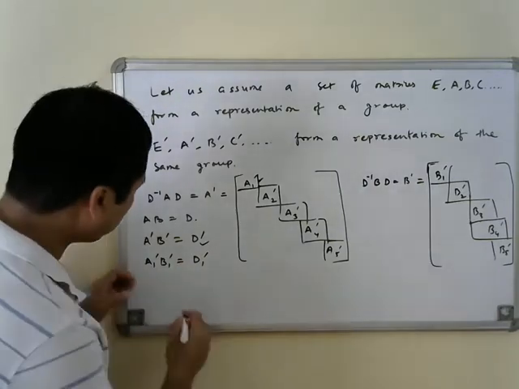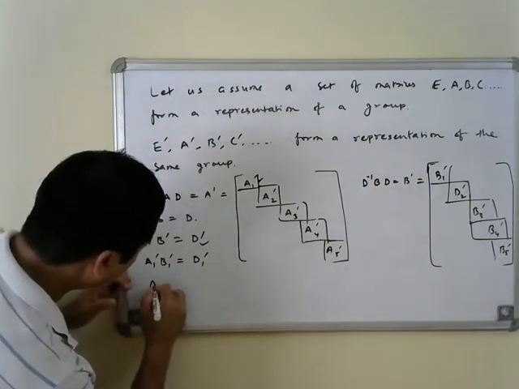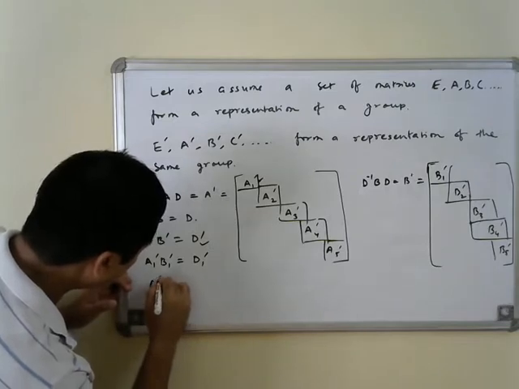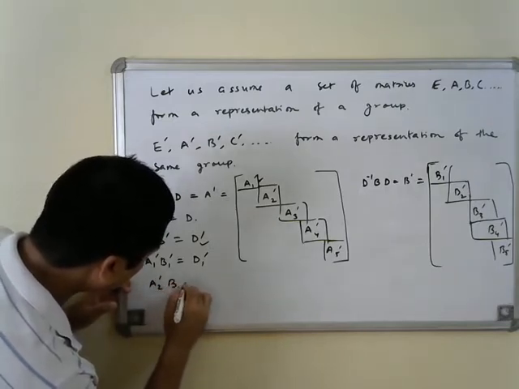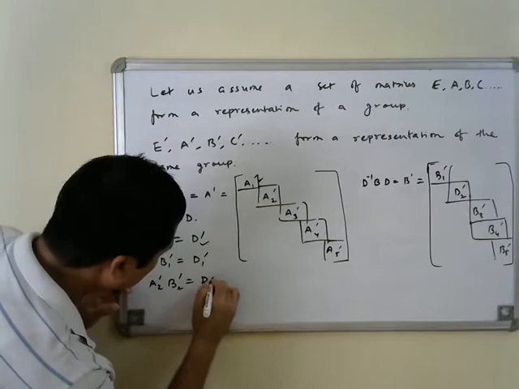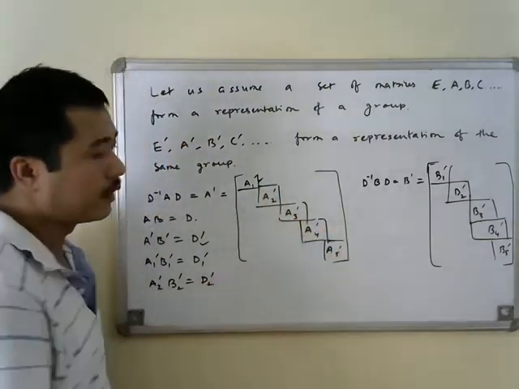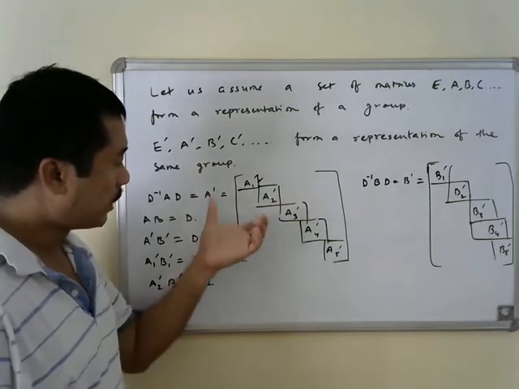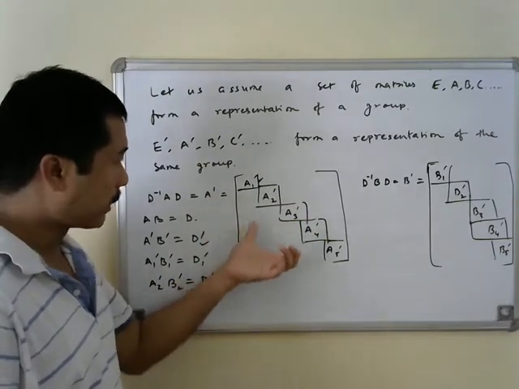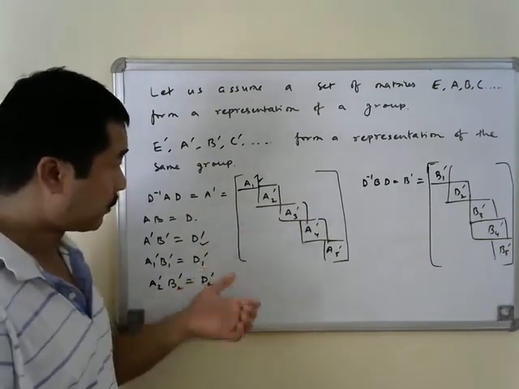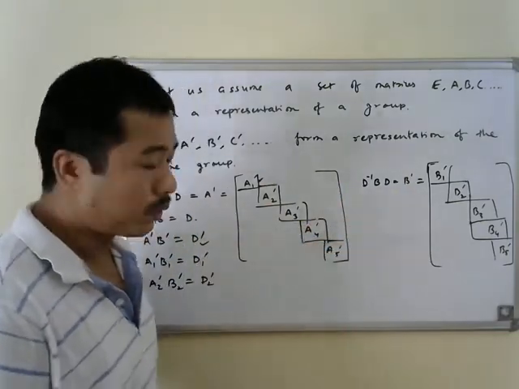So essentially what we can write is that A2 dash B2 dash will also be equal to D2 dash. And we can write like this for all the block factors within these matrices that we obtained by doing similarity transformation, that is A dash or B dash.